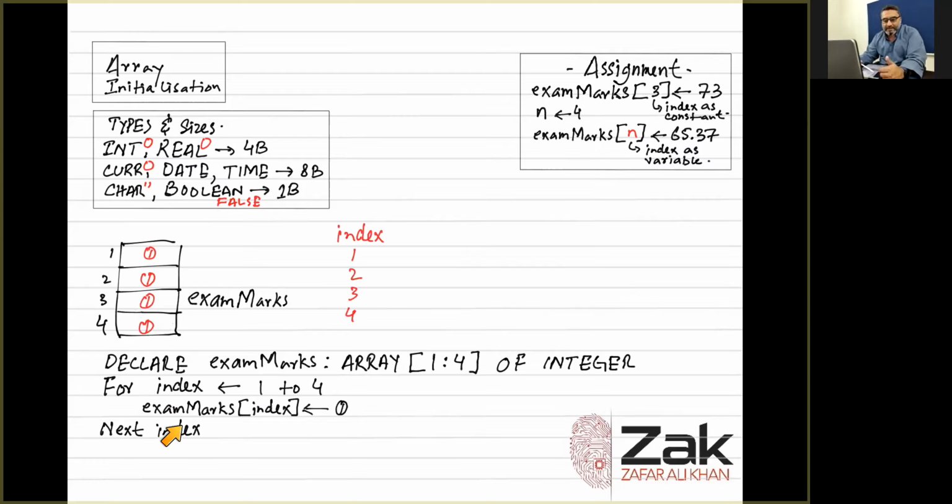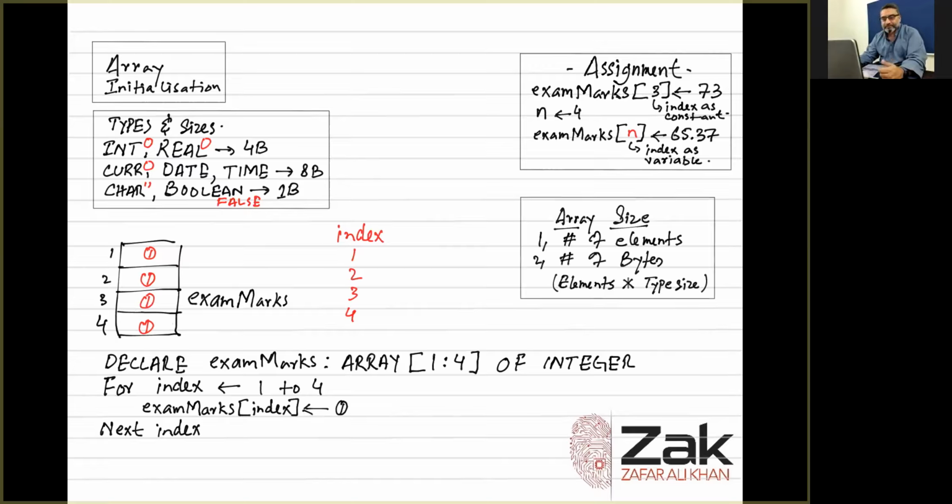So what is happening? When index is 1, element 1, which is exam marks 1, becomes 0. When index is 2, in the second loop, this location becomes 0. When index is 3, this location becomes 0. When index is 4, this location becomes 0. So that is how when this whole loop ends, the whole array is initialized to 0. That is initialization of a single dimension array.